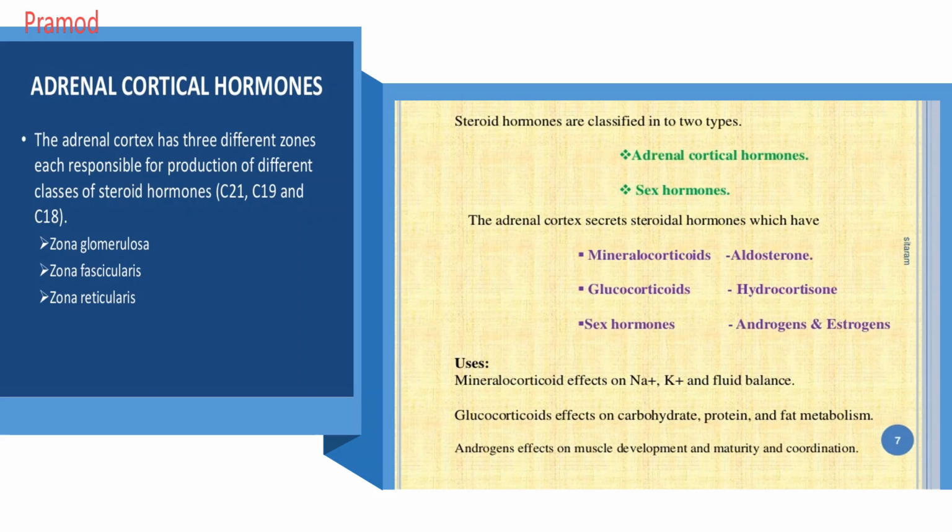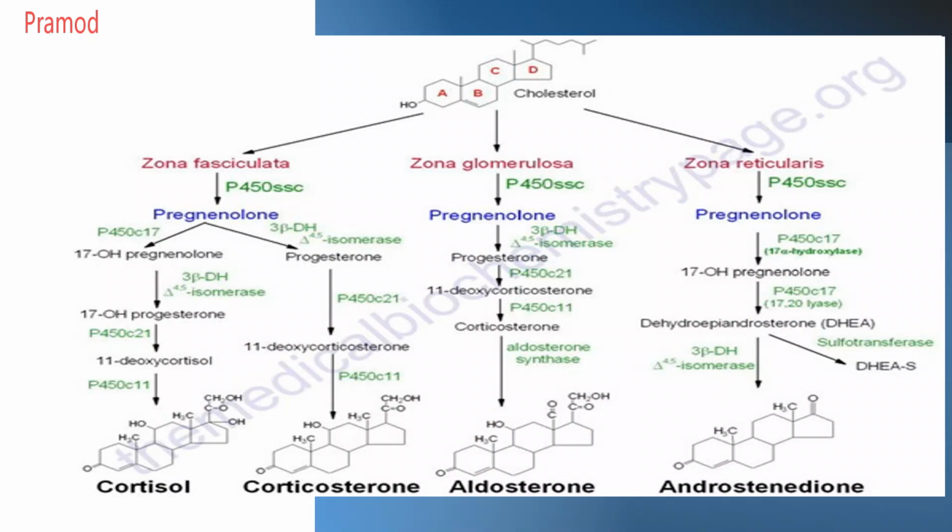Glucocorticoids affect carbohydrate, protein, and fat metabolism, and androgens affect muscle development, maturity, and development of sexual characters. So these are the uses of the different steroidal hormones. As we said, the main source for synthesis of all steroidal hormones is cholesterol.